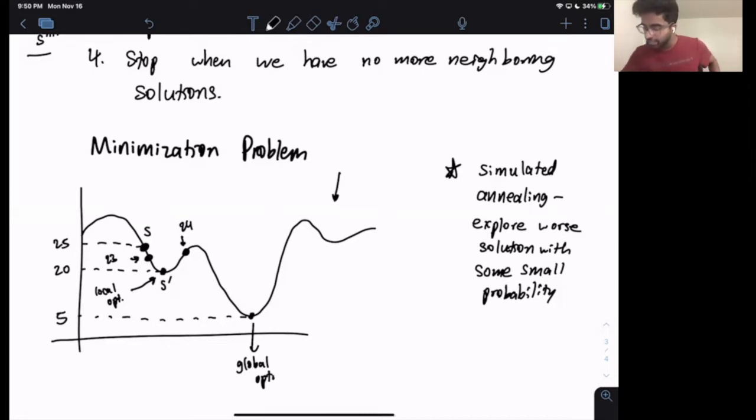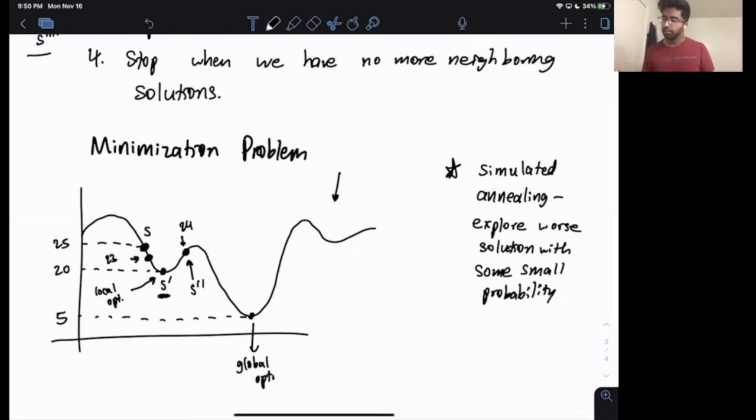So let's say we were at S prime and we're analyzing our neighboring solution of 24. 24 is 4 off from 20, which isn't that much. So assign some probability that we hop from S prime over to the solution I'll call S double prime.